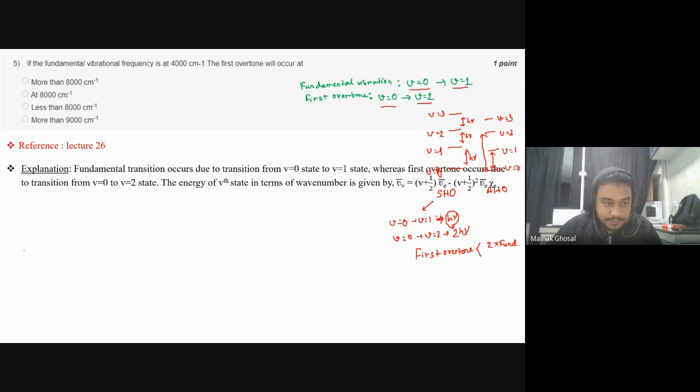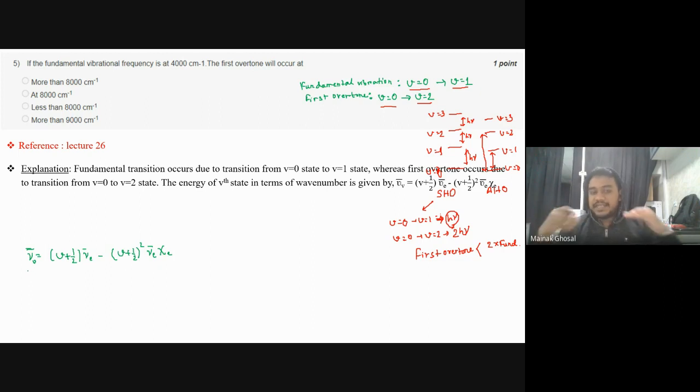I am writing this in terms of wave number, since it is given in wave number units: nu bar equals v plus half nu bar e, these two are not equal, minus v plus half whole square nu bar e chi e. So chi e is defined as the anharmonicity constant.